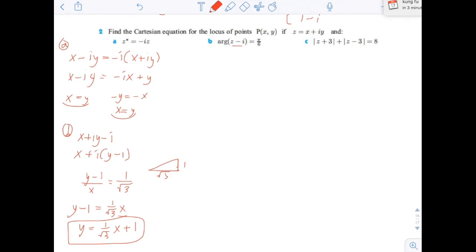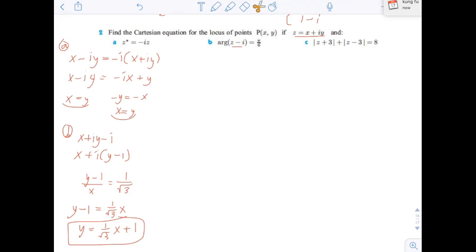What about C? So C says the modulus of z plus 3 plus the modulus of z minus 3 would equal 8. So in this problem, I have to be honest with you, the first thing I did was I substituted x plus iy in for z, and I started trying to simplify. And the thing became enormous.